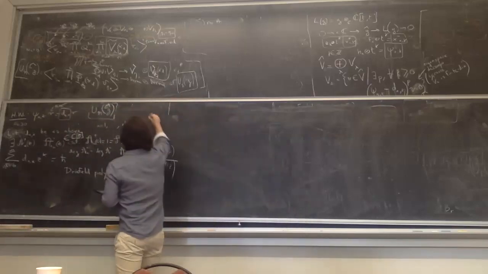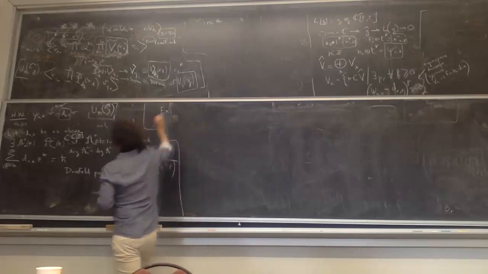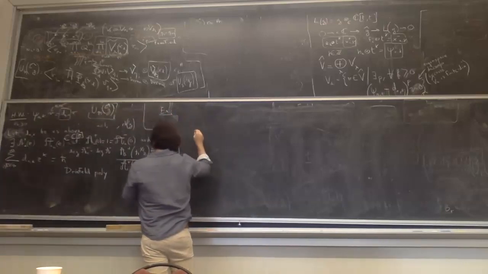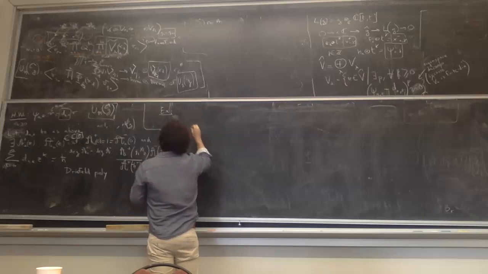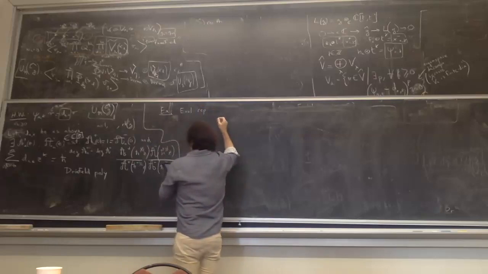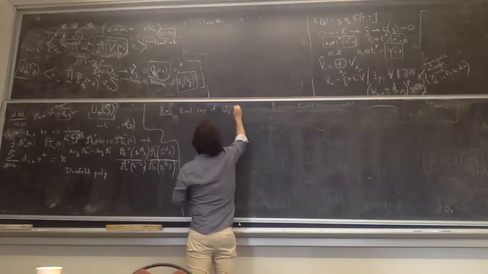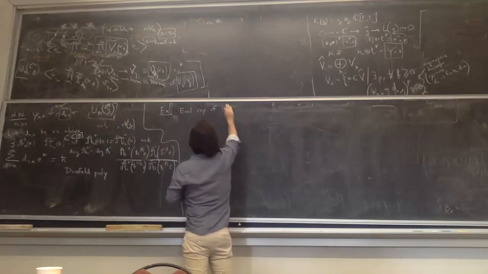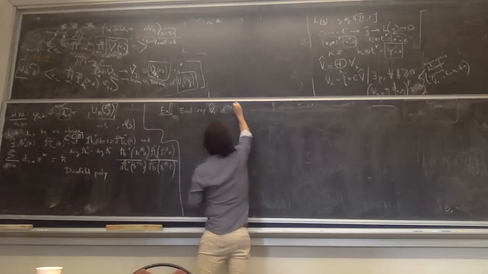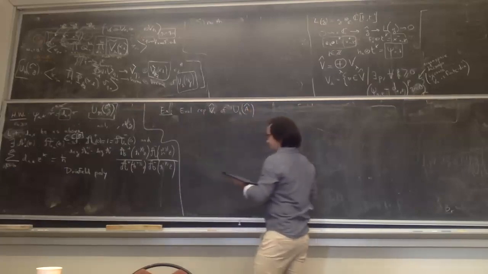So let's try the simplest example: the evaluation representation. I should write the evaluation representation V_1 hat of U_h bar of A_1.